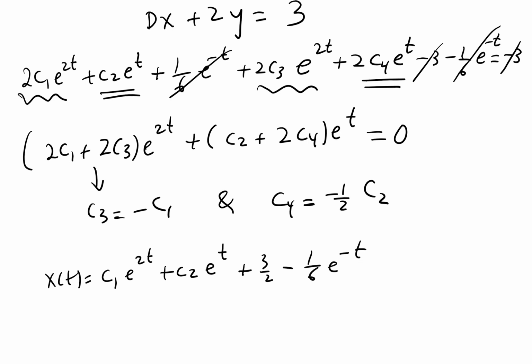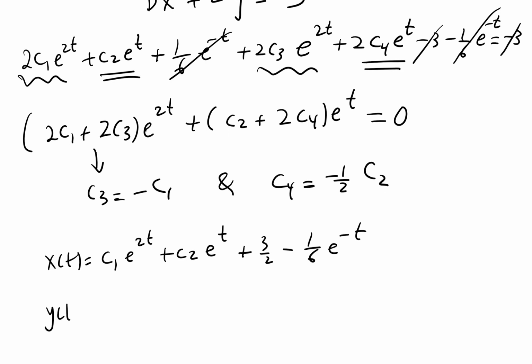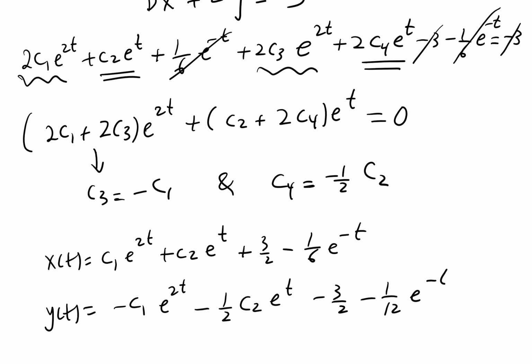So it stays the same. But in y of t, we need to get rid of the constants c3 and c4. So replace c3 with negative c1, so negative c1 e to the 2t. Replace c4 with negative 1/2 c2 e to the t, minus 3/2 minus 1/12 e to the negative t.